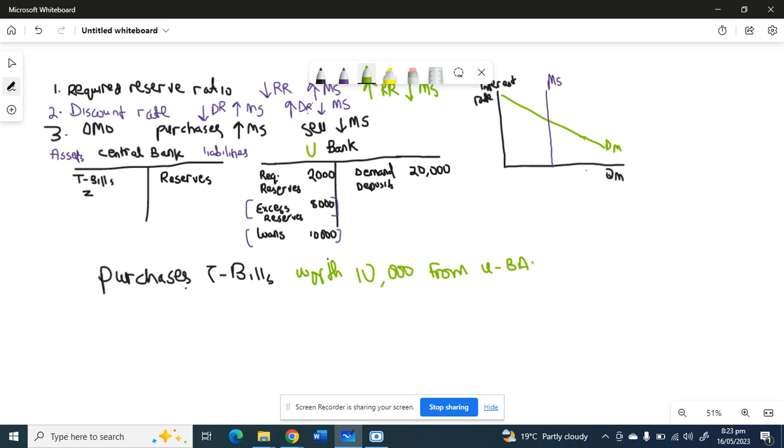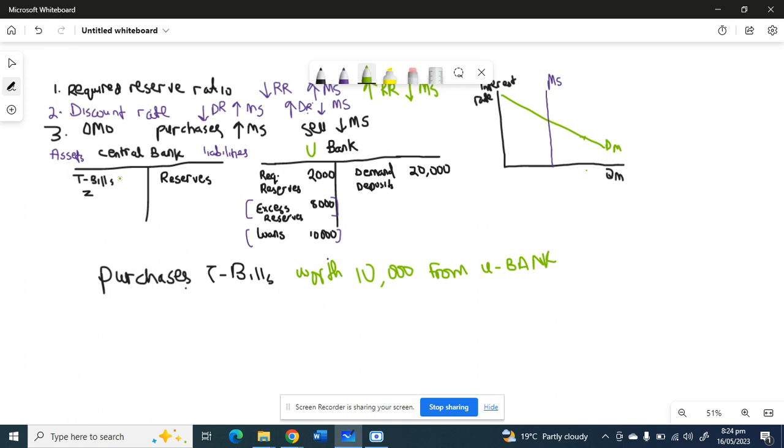So let's look at the central bank's balance sheet. Actually, colleagues, these are balance sheets. They're just represented as T accounts, but they're actually balance sheets. I don't know why in macro they're calling them T accounts, but in actuality, these are their balance sheets.